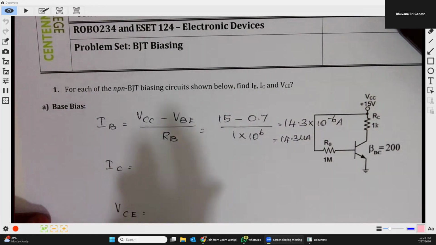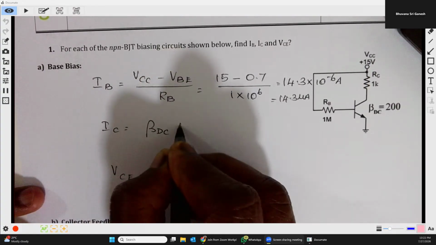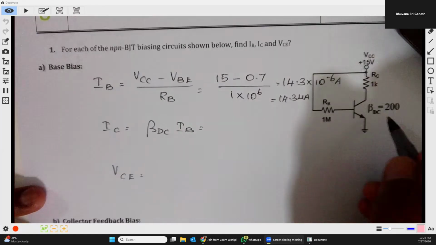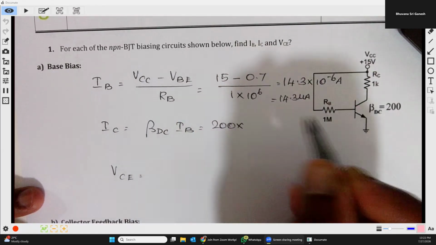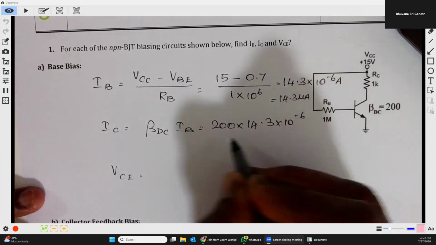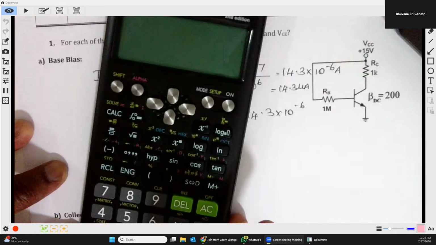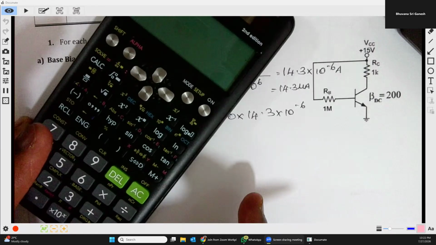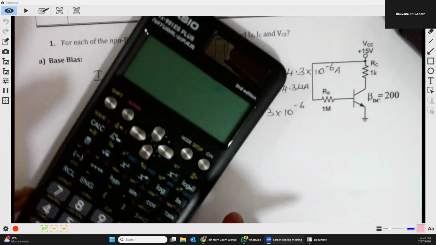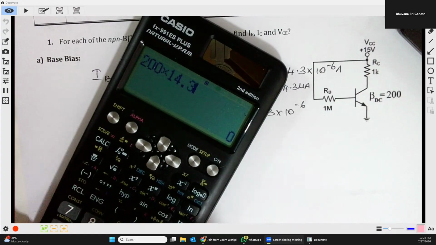Alright. Next, for IC, the formula is beta DC times IB. Beta DC is 200, times IB, which is 14.3 times 10 power minus 6. On the calculator, 200 times 14.3 equals 2860.